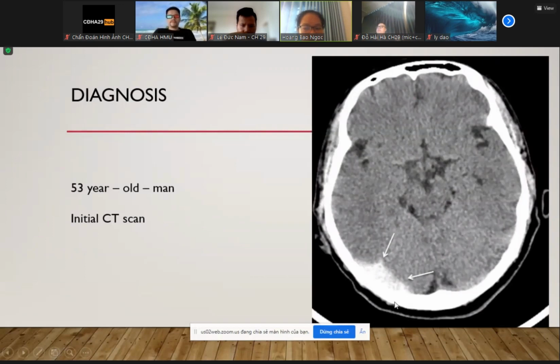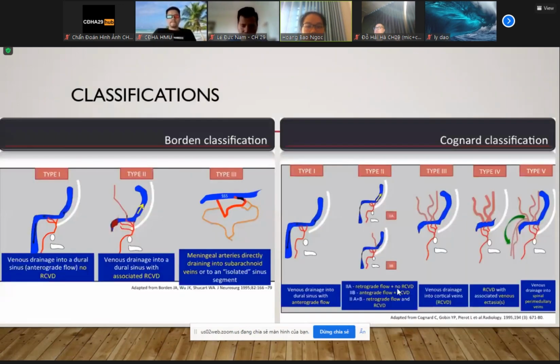And this is an example of the initial CT scan of a 53-year-old man, also later confirmed to have a dural fistula. For classification, the two most common classification systems for dural fistula are the Borden classification, which is a user-friendly classification system, and the more detailed Cognard classification system.